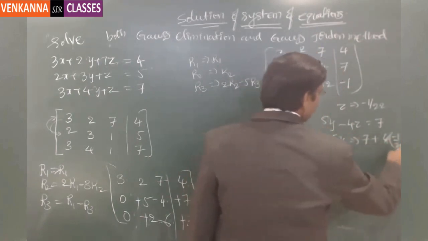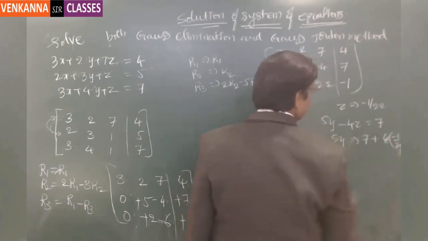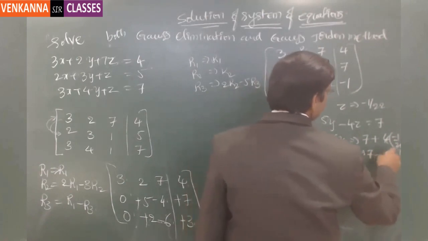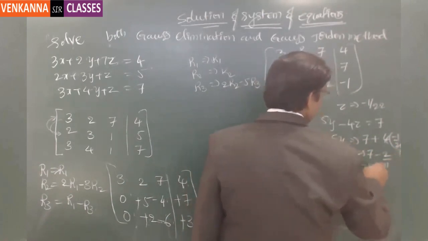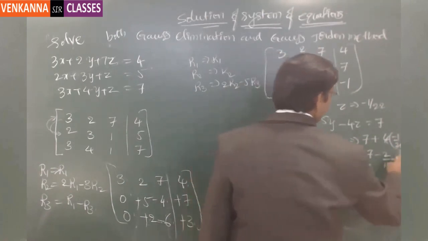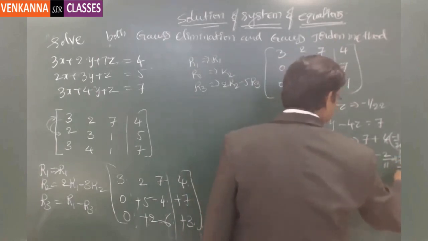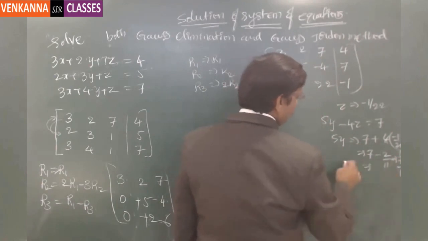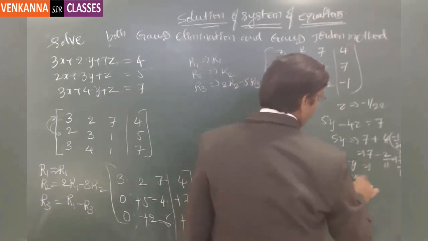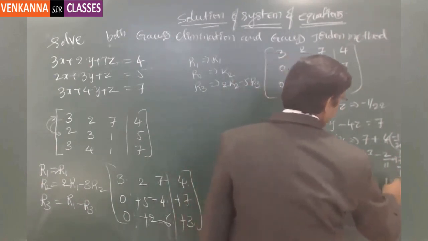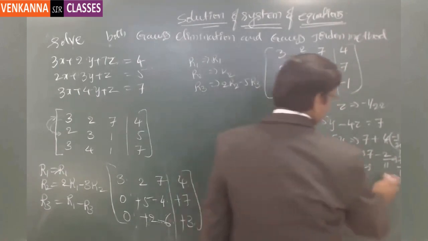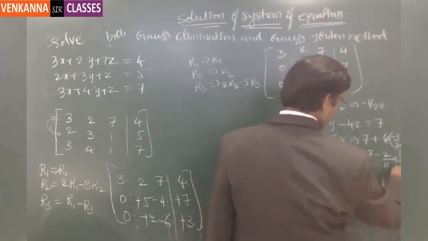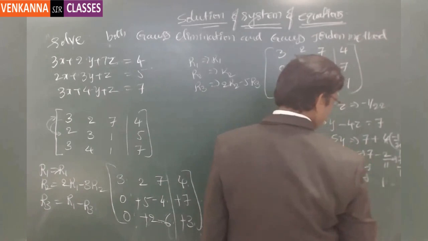So this is 2 by 11. 7 minus 2 by 11. 77 minus 2, this is 75 by 11. 75 by 11 is 5y. So y is equal to 75 by 5.